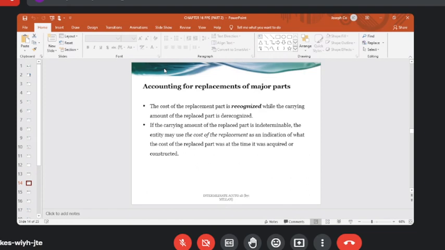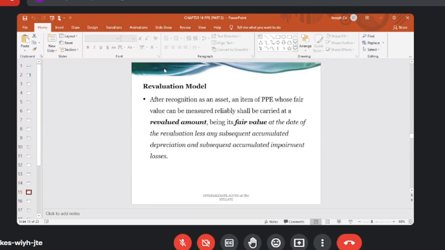Okay, we recognize the replacement cost, but the carrying amount of the replaced part shall be derecognized. If the carrying amount of the replaced part is indeterminable, the entity may use the cost of replacement as an indication of what the cost of the replaced part was at the time it was acquired or constructed.